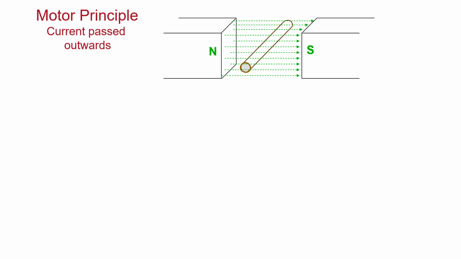Place a conductor in the magnetic field and pass current which flows towards outside. Because of this current, a force will be acted on the conductor.